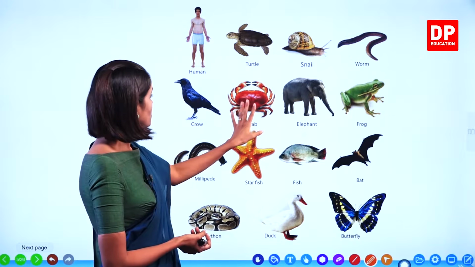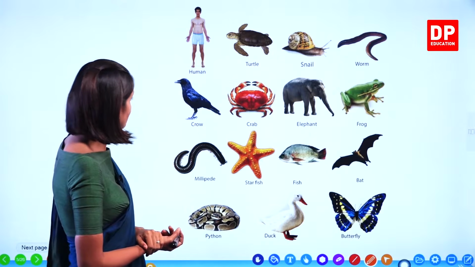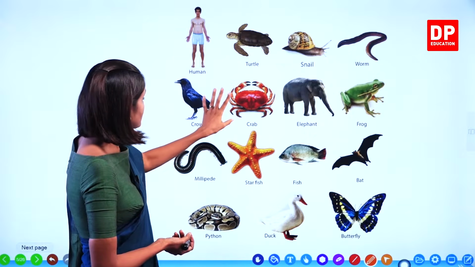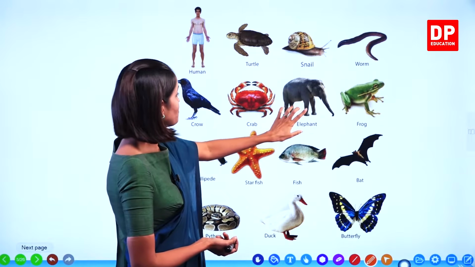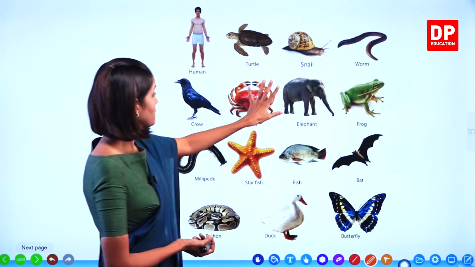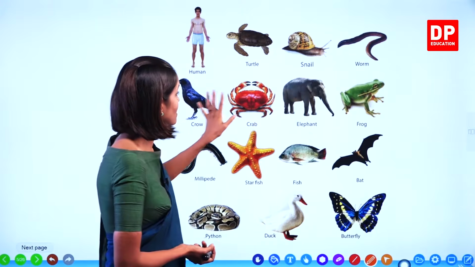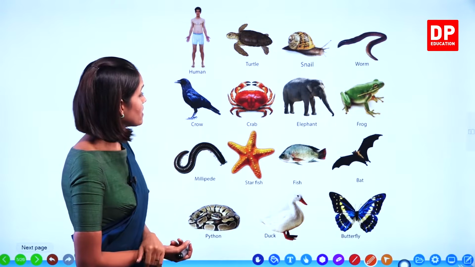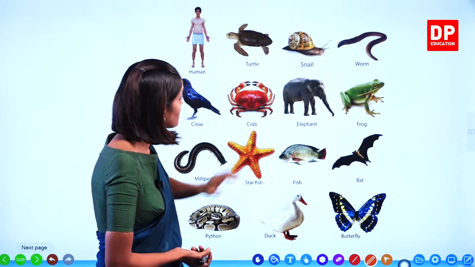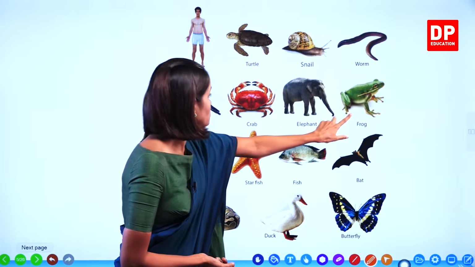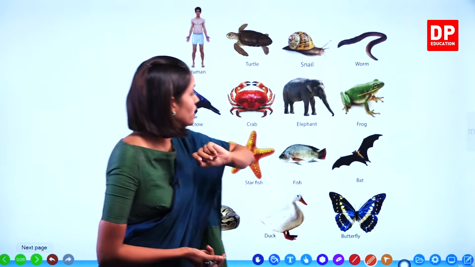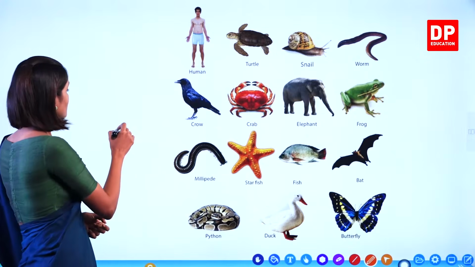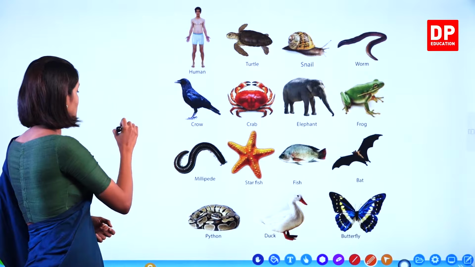And crab, look at the crab. It has a number of legs. And look at the elephant. Now elephant has a trunk, okay? Elephant is different from the other animals. It has a trunk, and it has a large body. And what about the frog? Look at the frog. Frog has legs, but when you look at the frog's legs, they have webbed feet.